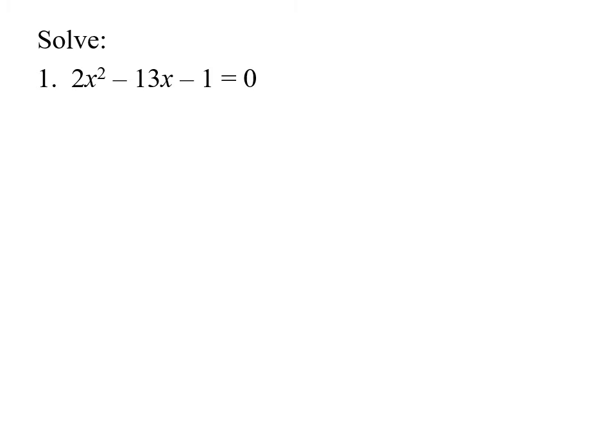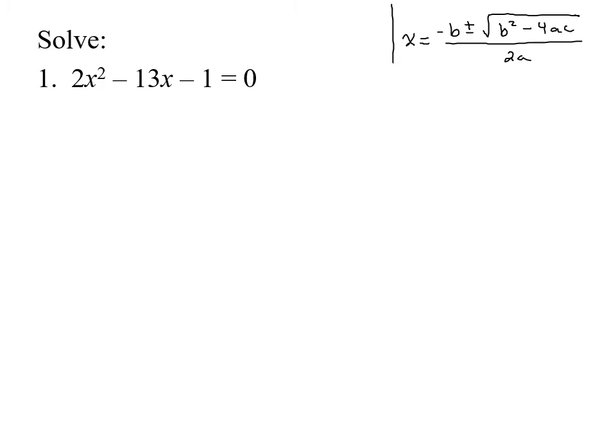So for instance, this first one is already in the correct form. It is equal to 0 and it is in descending order. So I'm going to write my formula up here on the top right here. My answers are the opposite of b, plus or minus the square root, b squared minus 4ac all over 2a.